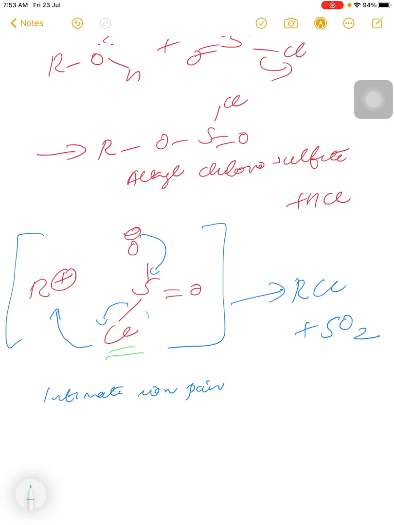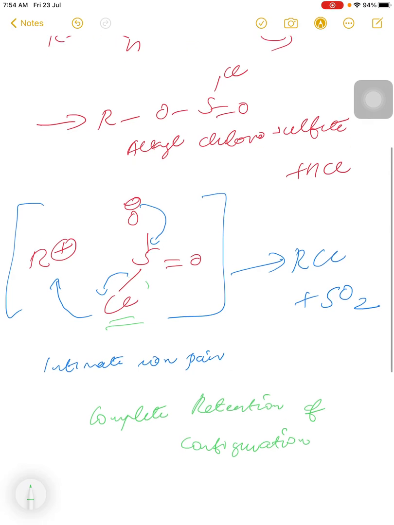And if it is attacking from the same side from which the leaving group has departed, then there will be complete retention of configuration, because the attack takes place from the same side from where the leaving group has departed. So, the SNi reaction gives complete retention of configuration.